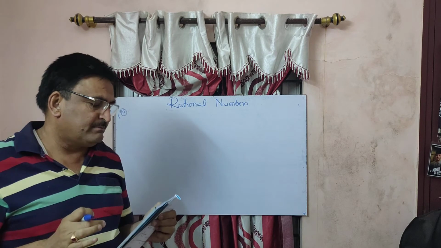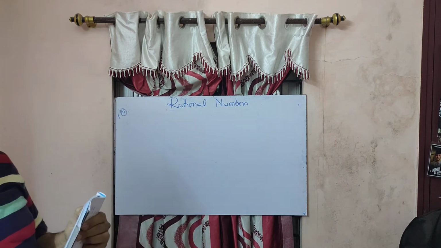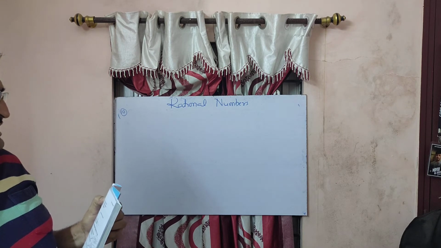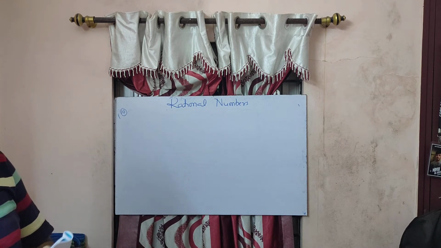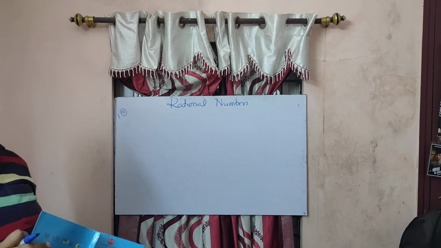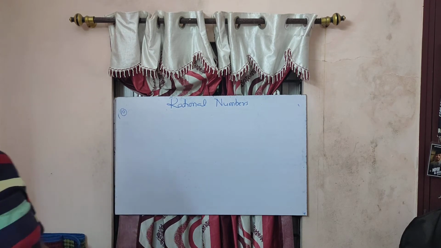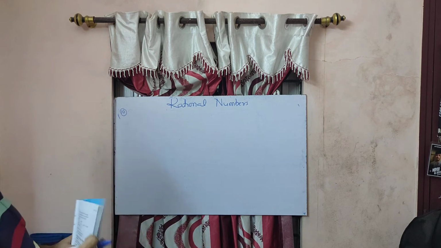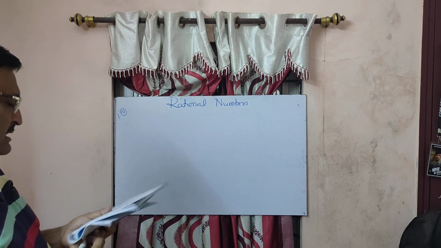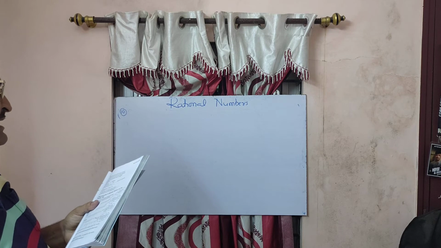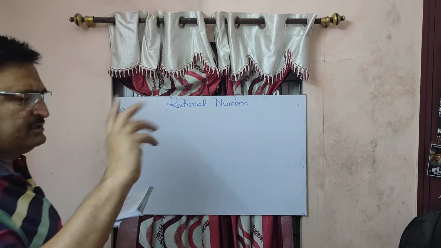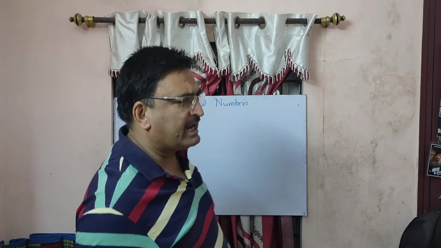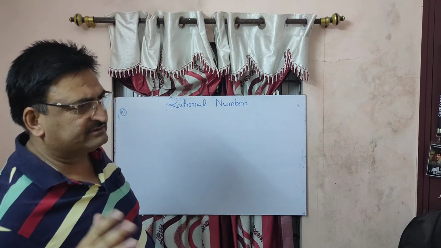The rational number that does not have a reciprocal. The rational number that does not have a reciprocal means the numerator will become the denominator and the denominator will become the numerator, and still they are rational numbers.